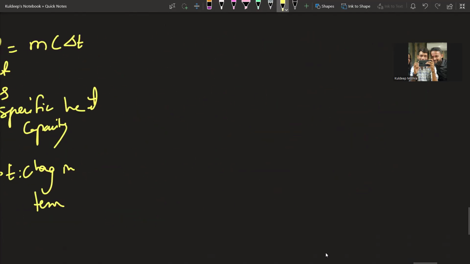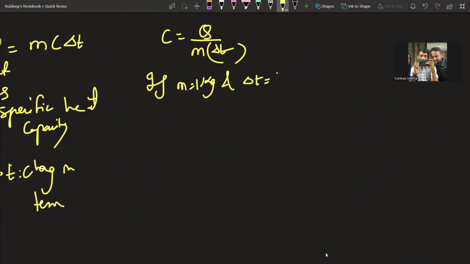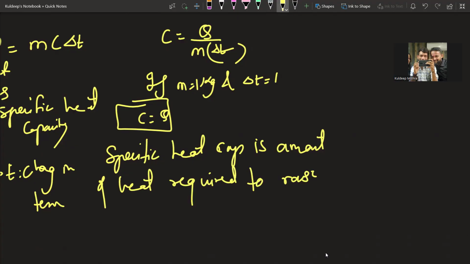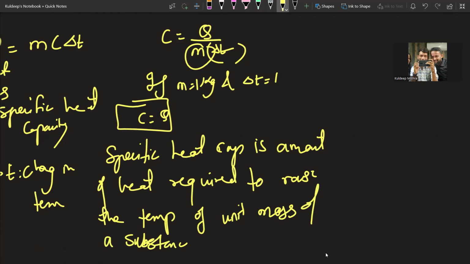So from here, C will be Q upon m delta T. If mass is 1 and delta T is also 1, then C is equal to Q. So this means specific heat capacity is the amount of heat required to raise the temperature of unit mass of a substance by 1 degree Celsius or 1 Kelvin.